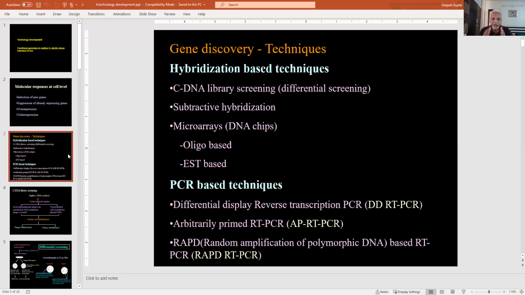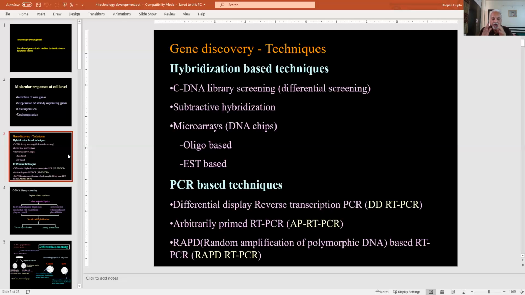This is another aspect which has not been understood. We still don't know the molecular basis of cell differentiation, what the genes are which are responsible for differentiation into shoot or root. These kinds of questions are still unanswered. In my subsequent lectures, I will focus on that.